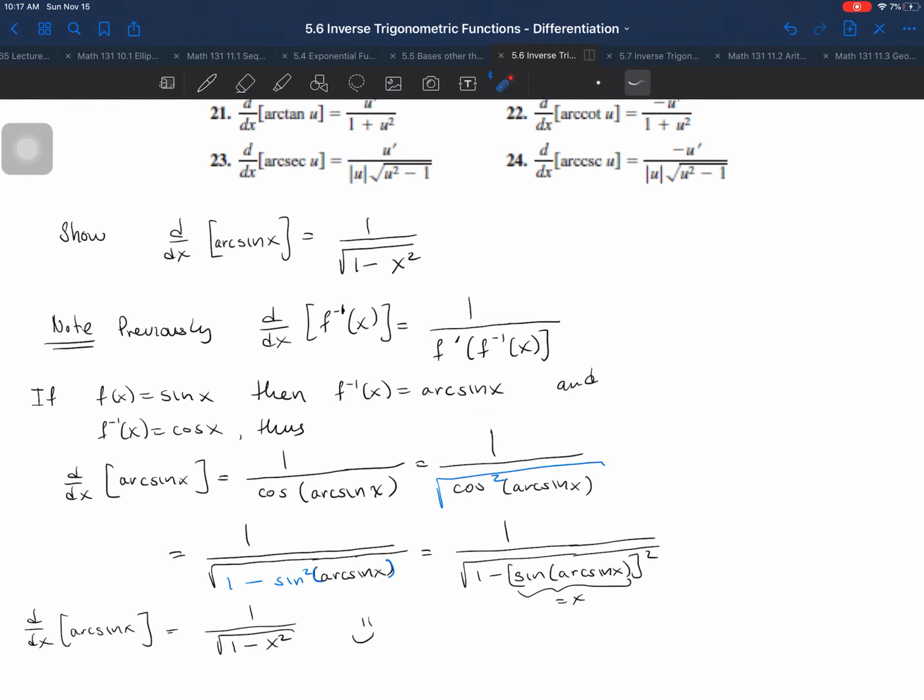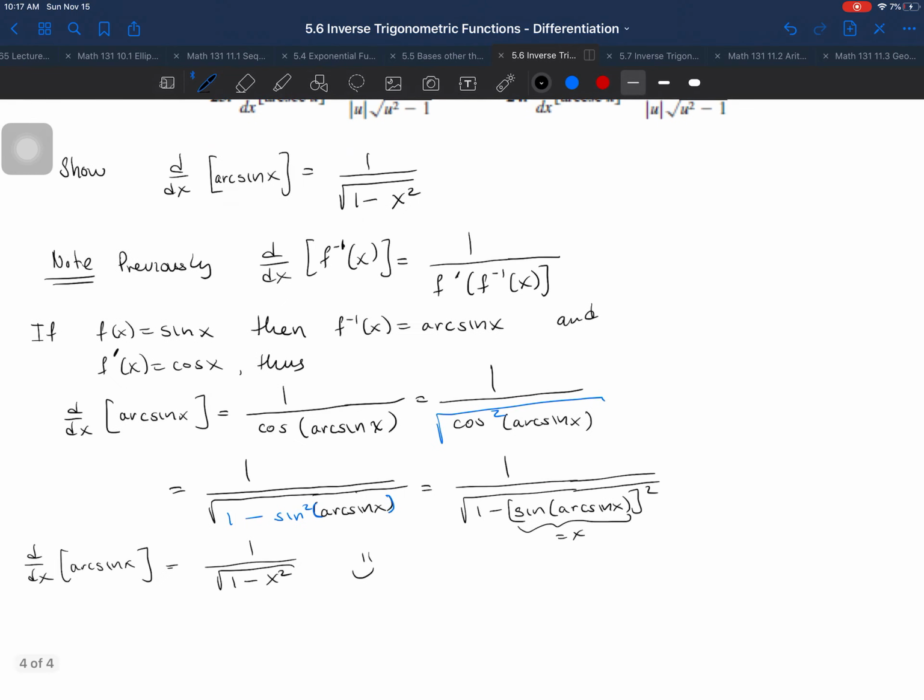Now what I'm going to do here is I'm going to take the derivative of f, which is cosine, and then now I'm going to begin, right? I'm going to say, okay, by definition, the derivative of arcsine will be 1 over the derivative of the original function, which is cosine, and as the input, I'm going to have my inverse function.